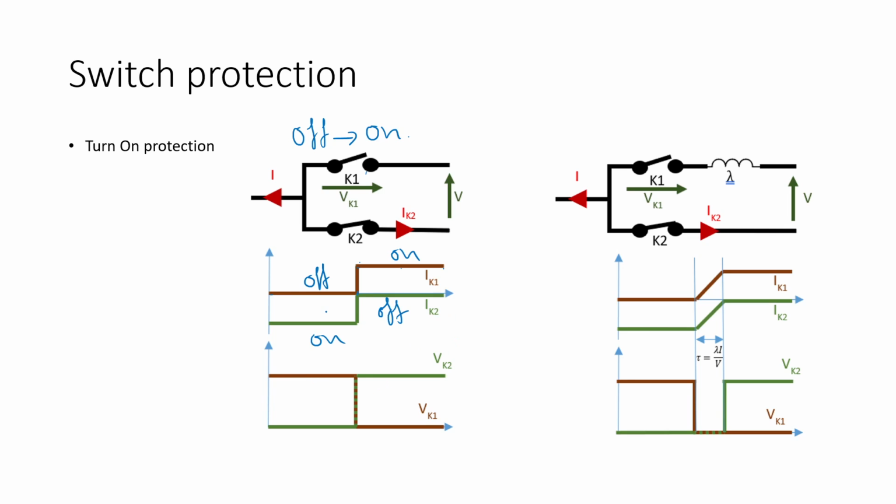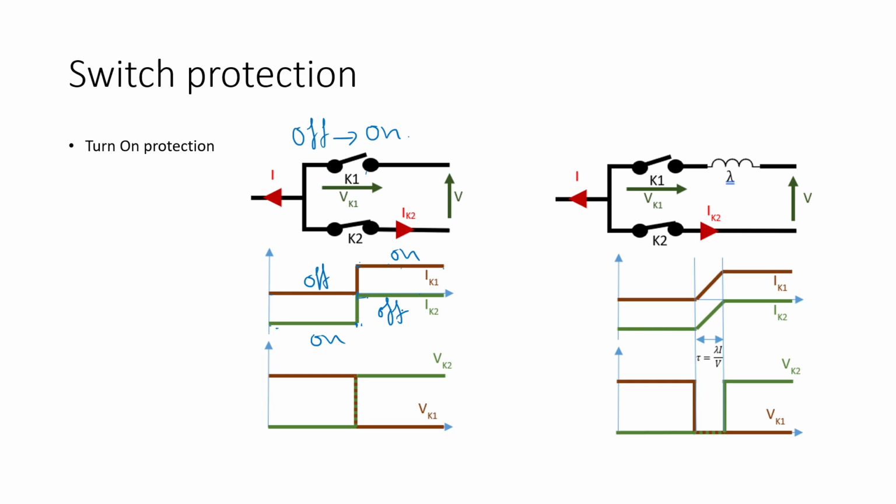Okay, voltage like this. Without protection, you can see that it jumps sharply from 0 to maximum, or you drop from maximum to 0 in absolute terms, very sharply, like a step.